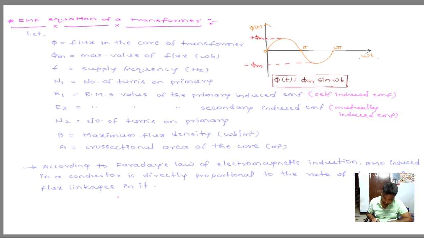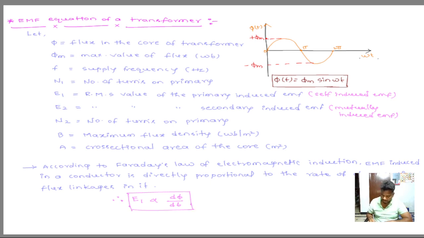Therefore, the EMF induced in the primary winding, E1, is directly proportional to d phi by dt. This is according to Faraday's laws of electromagnetic induction.